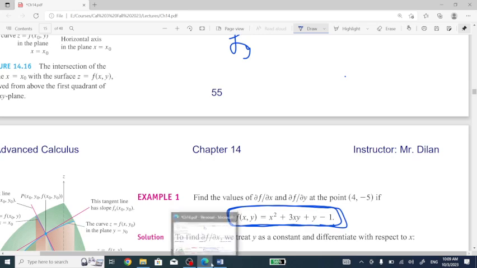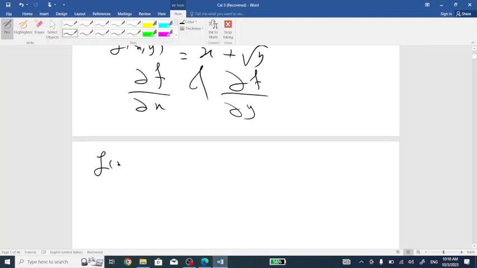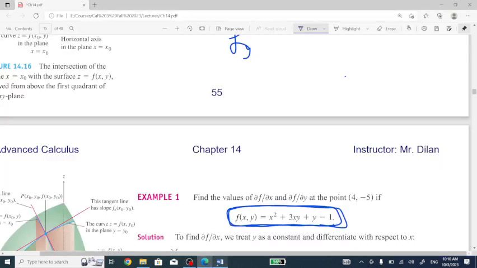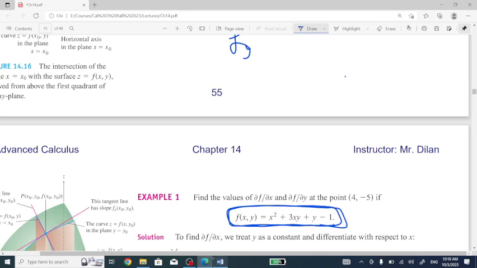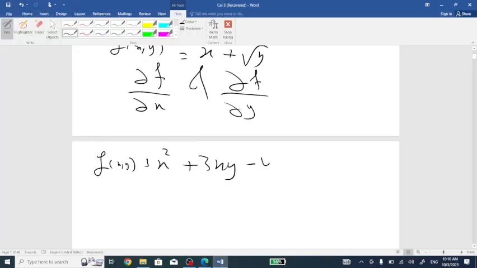So we have f of xy equal to x squared plus 3xy plus y minus 1. Right? So now find fx.